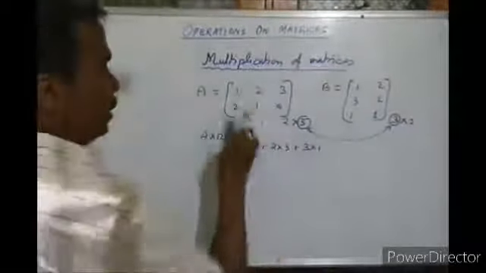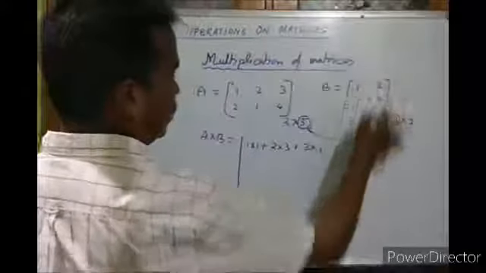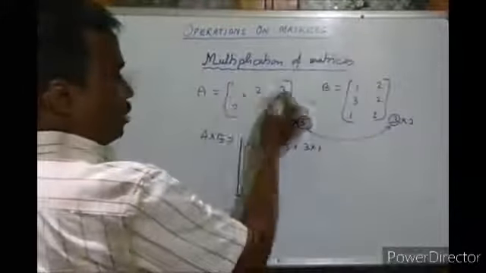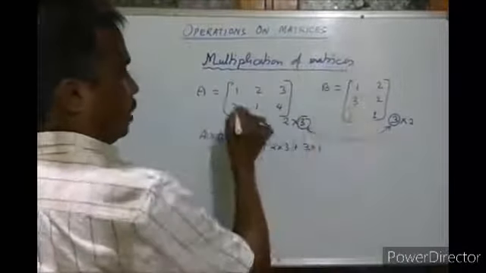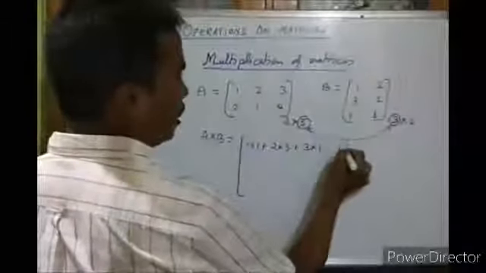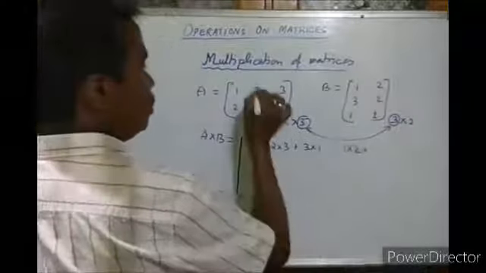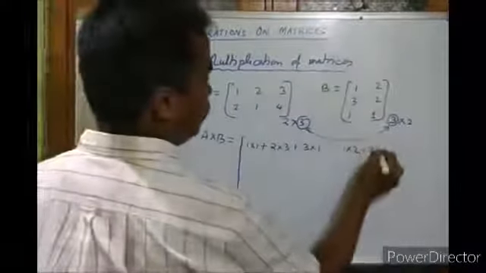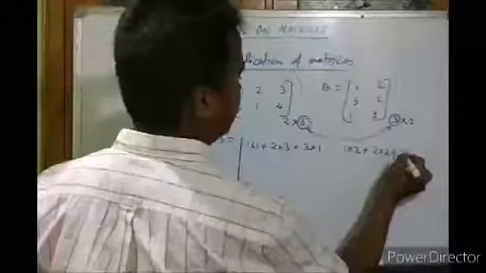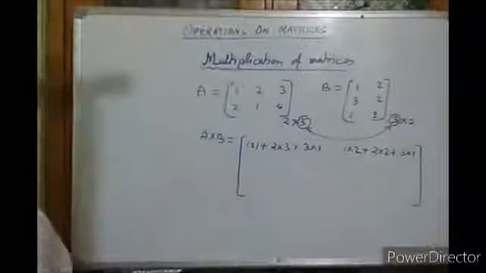And for the second element, again we will multiply this row with the second column: first row into second column, 1 into 2 plus 2 into 2 plus 3 into 1. This is what we have got.